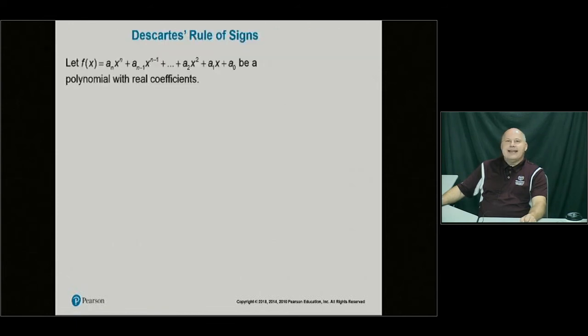All right. Now the Descartes rule of signs. It doesn't have really anything to do with the rational root test, but it has to do with finding the possibilities of real numbers and complex numbers. So f of x is, again, that generic form of the polynomial.